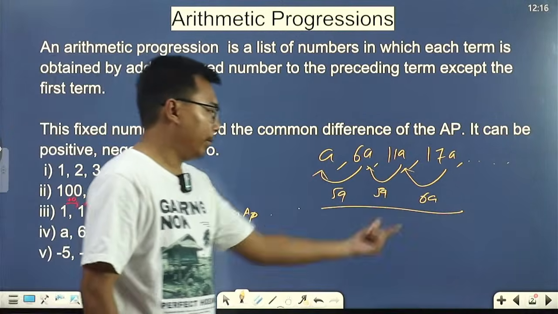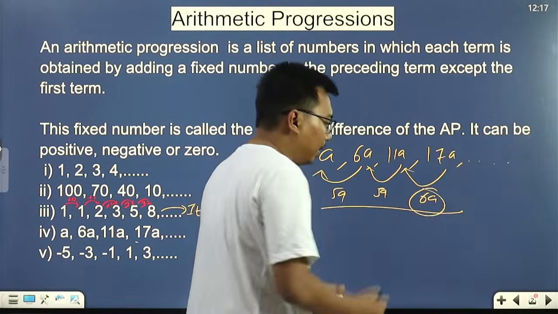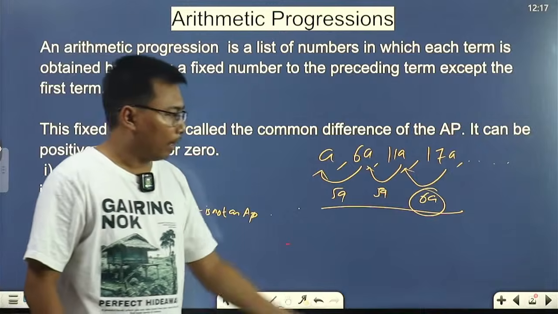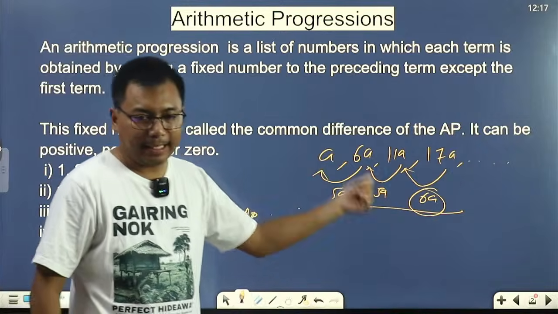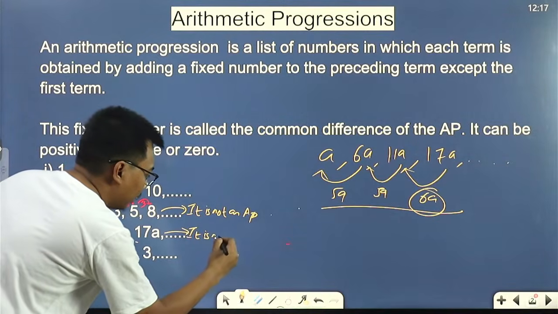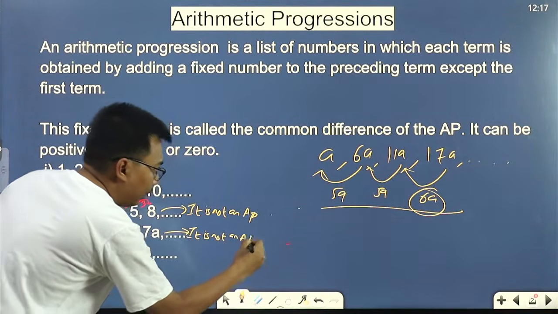No. Here we have 6A, which means we do not have a common difference, right? We do not have a common difference, which means this again is not an AP.